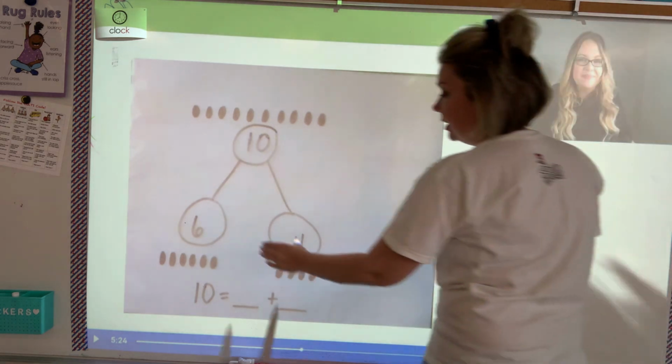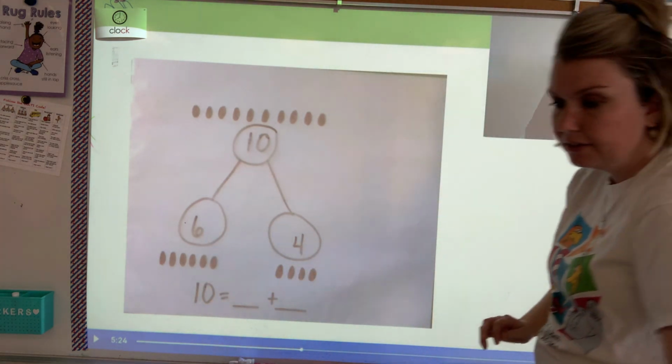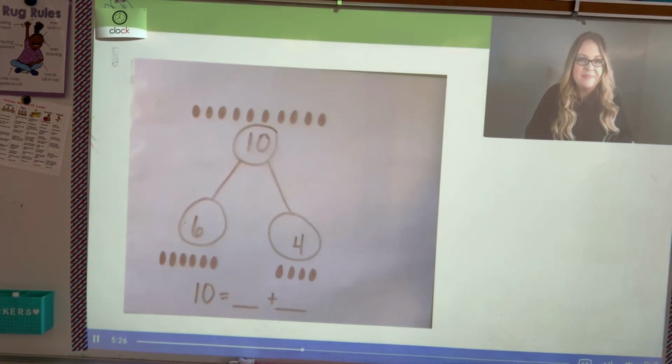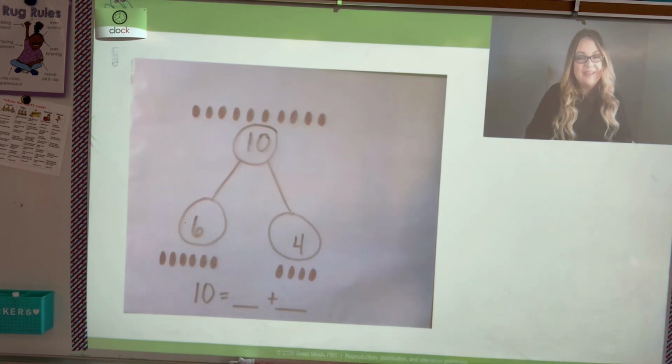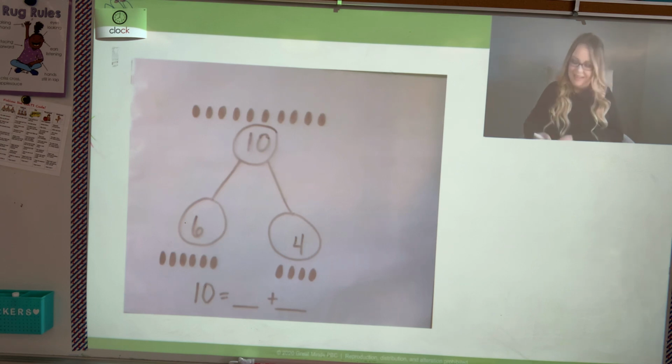Yeah, the two parts. You just know the two parts go on either side of the plus sign. Great! I heard one of my friends say, well, we should put 6 and 4 into the blanks because those are our parts. So let's do that now.